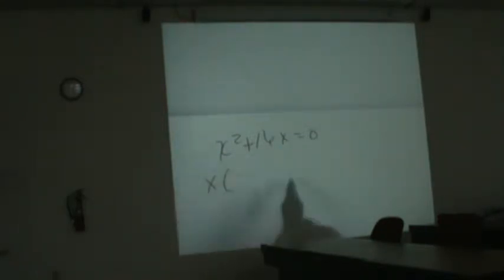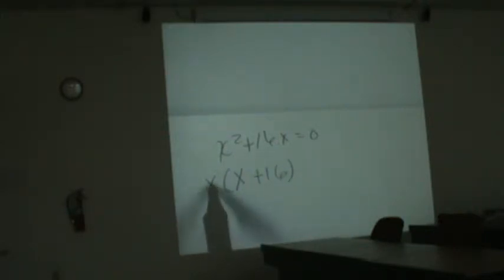So factor x out. X times x will give you that. And we still need the 16. Here, we have the x. We need to multiply it by the positive 16, right? If you multiply this back, you get x squared plus 16x. You get it back. Okay?